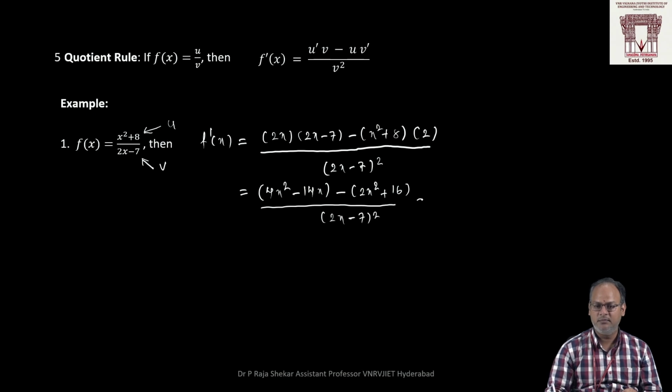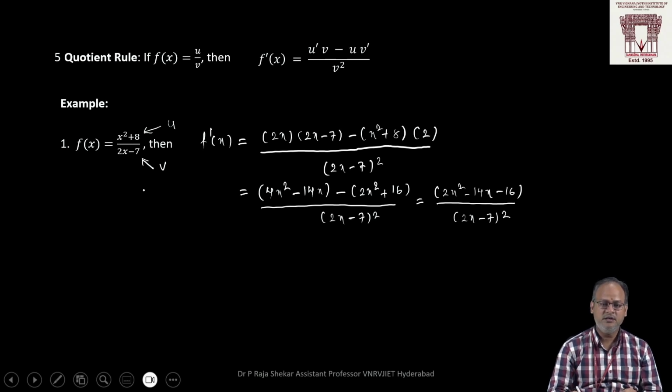The same can be written as 4x square minus 2x square, which is 2x square, minus a linear, first order term, 14x, minus 16, divided by the square of this term, 2x minus 7 whole square.